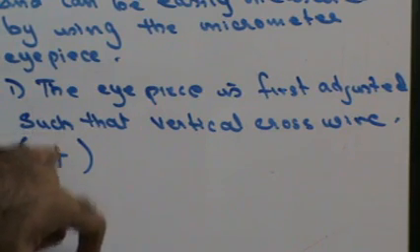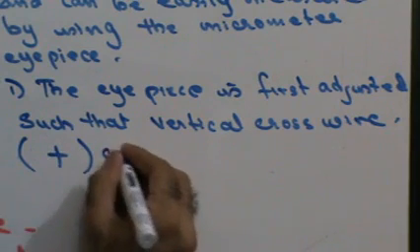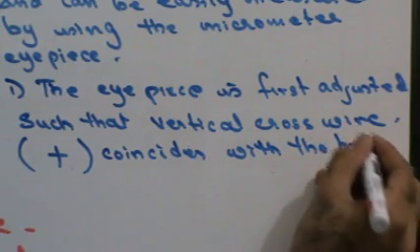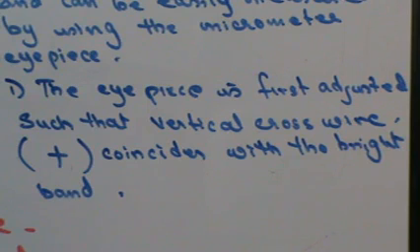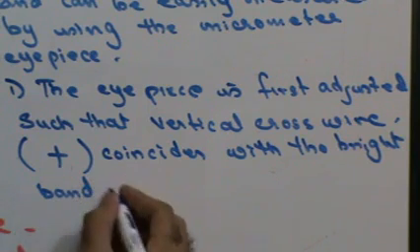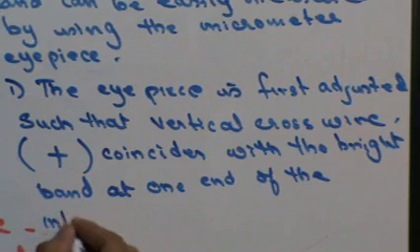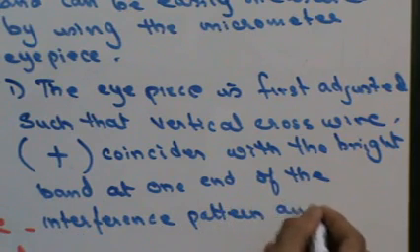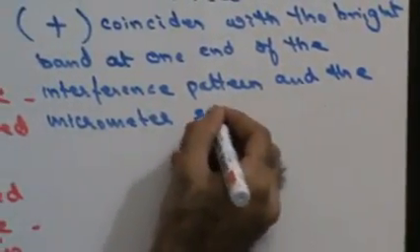This is your vertical crosswire, this is your horizontal crosswire. So the vertical crosswire coincides with the bright band at one end of the interference pattern, and the micrometer reading is noted.